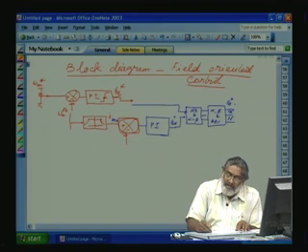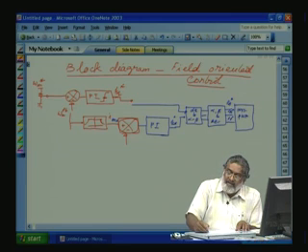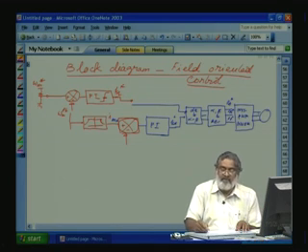This we can give to our hysteresis PWM controller, then the inverter, and finally to the motor. This is our hysteresis PWM controlled inverter.